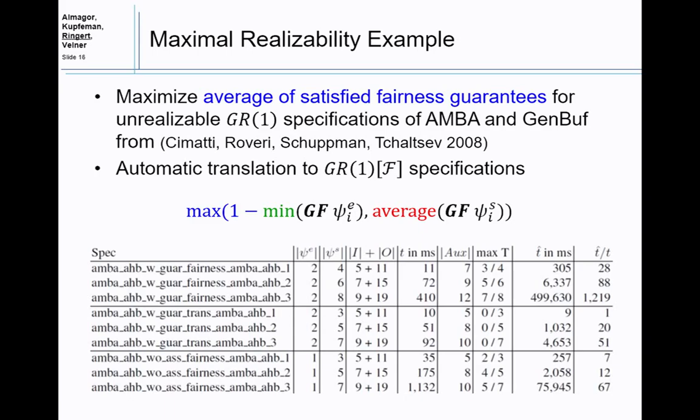And here the time in milliseconds for our extended spec, where we reduced this quantitative GR1F specification to the Boolean case. And we see that the ratios of the running times go up kind of as expected, or even a little better than expected, because it's all symbolic implementations, BDD based.